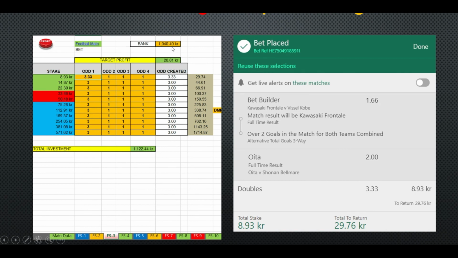We go to the third tab, and you see that the bankroll is 1040. It's like having won those first 2 bets, and we are on the third step. So if we win, we'll be 2040 plus 2%. So we put those 3.33 and it gives us 8.93.